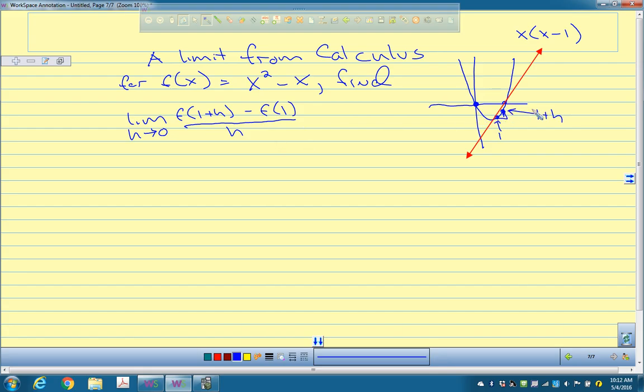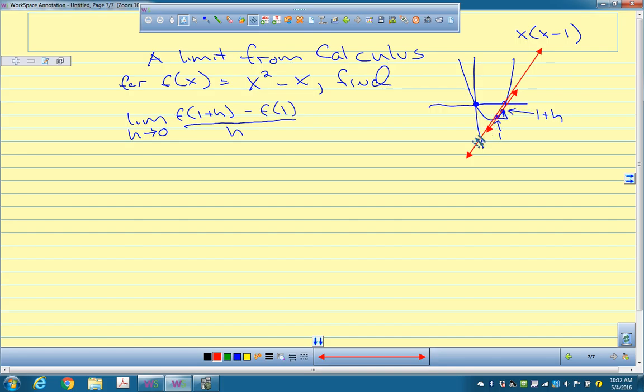But as h gets smaller and smaller, this point is going to get closer and closer to this point. You understand that? Okay? And so if I made h smaller, as h gets closer and closer to 0, this line gets closer and closer to the exact slope of the curve at that point.